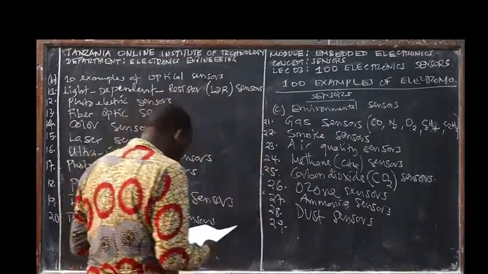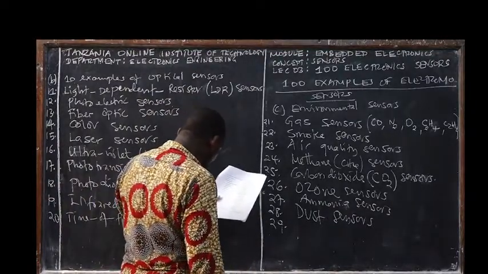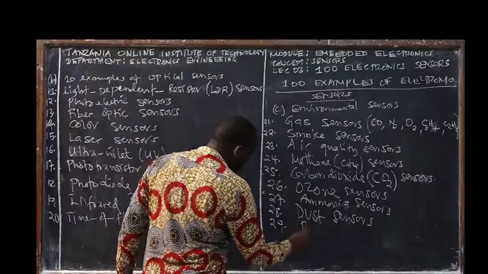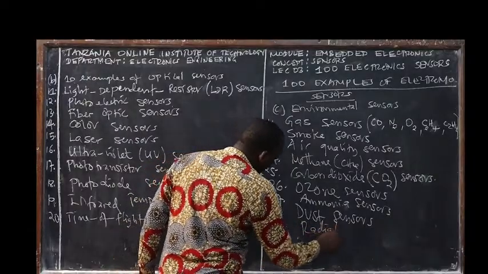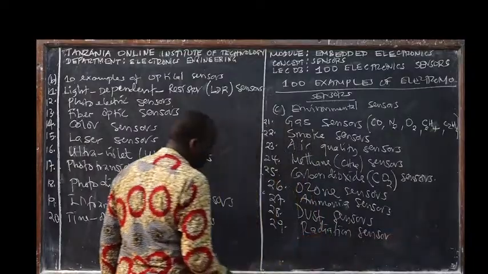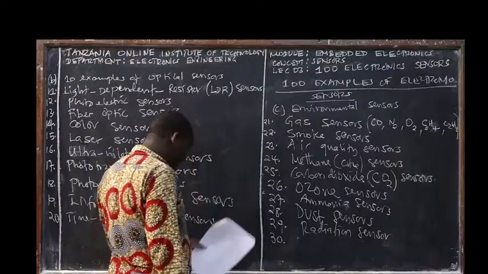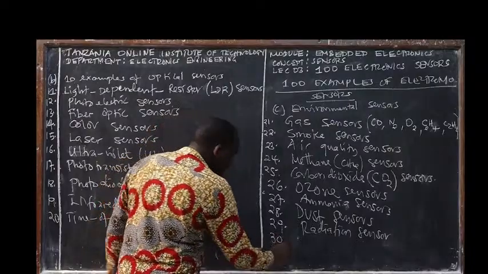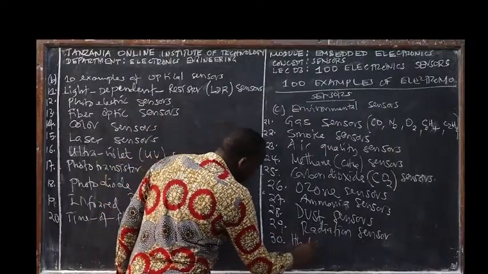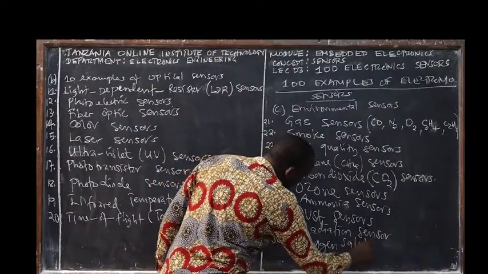Alright. Then the 29th example is called the radiation sensor. Say radiation sensor. Hii ni muhimu sana kwa telecommunication, sasa kwenye sehemu ya antenna. The 30th example of sensor is called the hydrogen sulfide sensor.